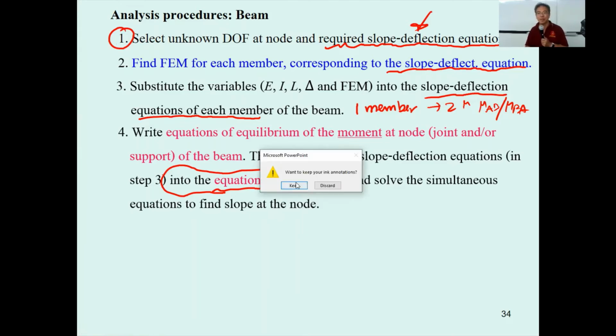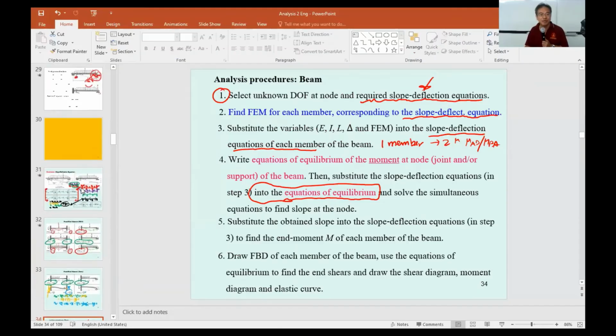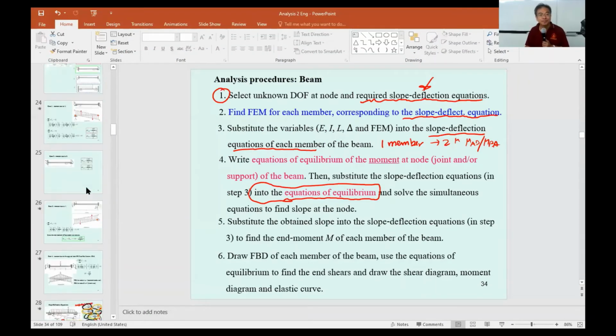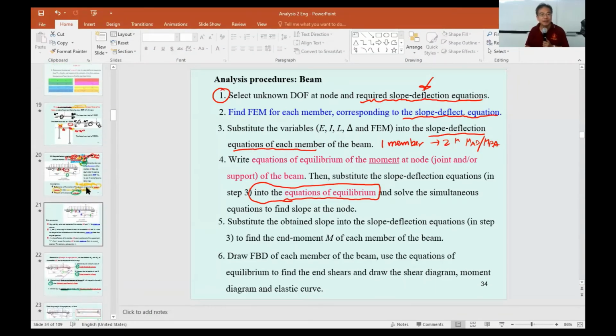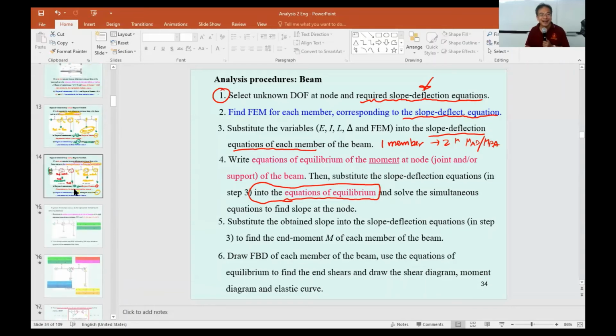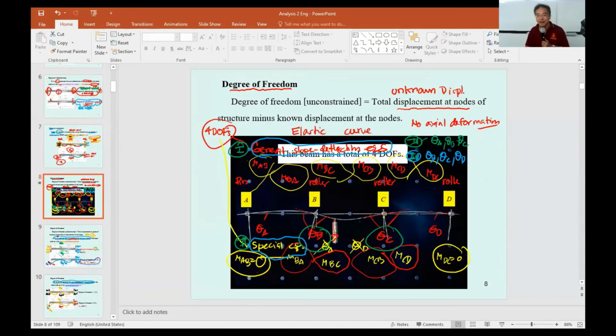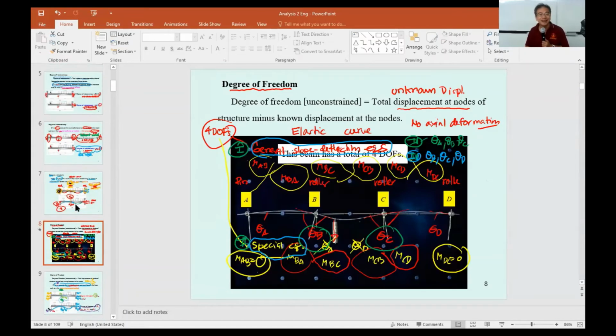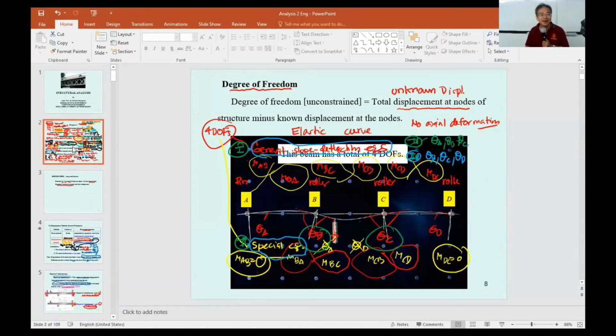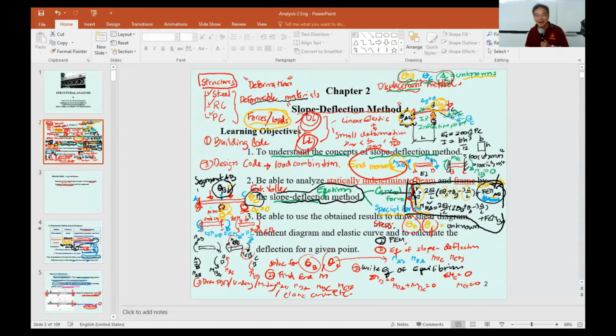Let's go back a little bit to what we have discussed before. Remember, we discussed this, maybe here, right? Yes, we have discussed this portion: the moment that occurs at the joint.